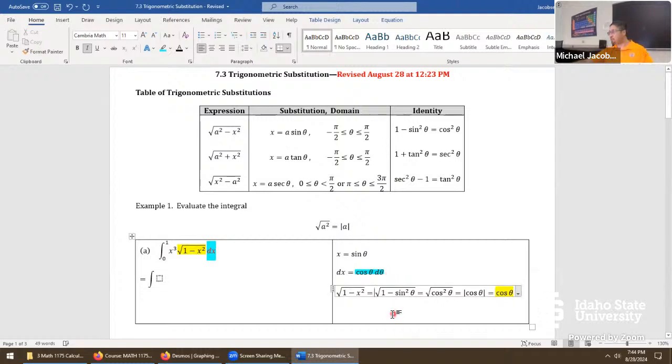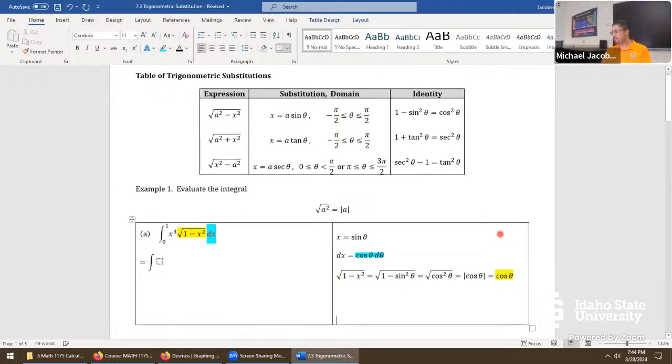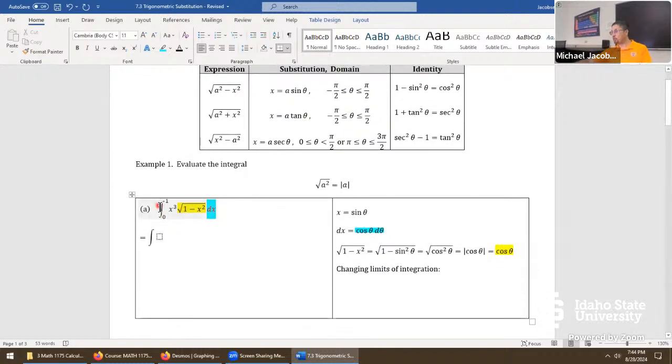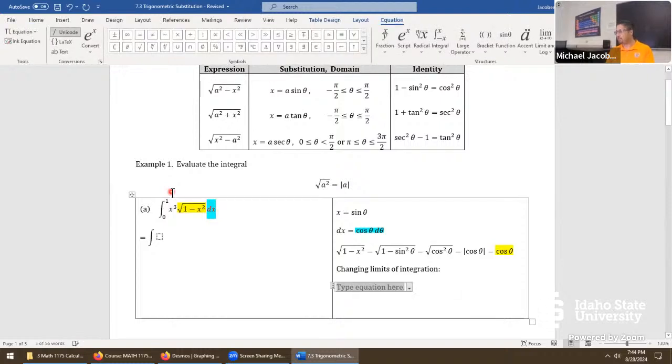That's one extra correction we should put right in here before we get too far ahead. So before we put in everything, we're now changing the limits of integration. My lower limit is 0. Let me put here a note: changing limits of integration. So starting at the lower limit, actually, let's go to the upper limit. I think that's usually the order I go.